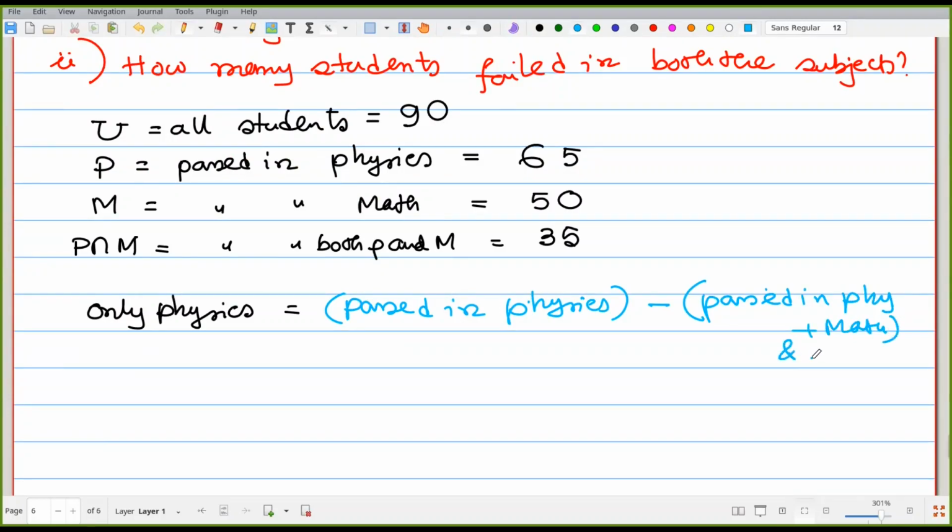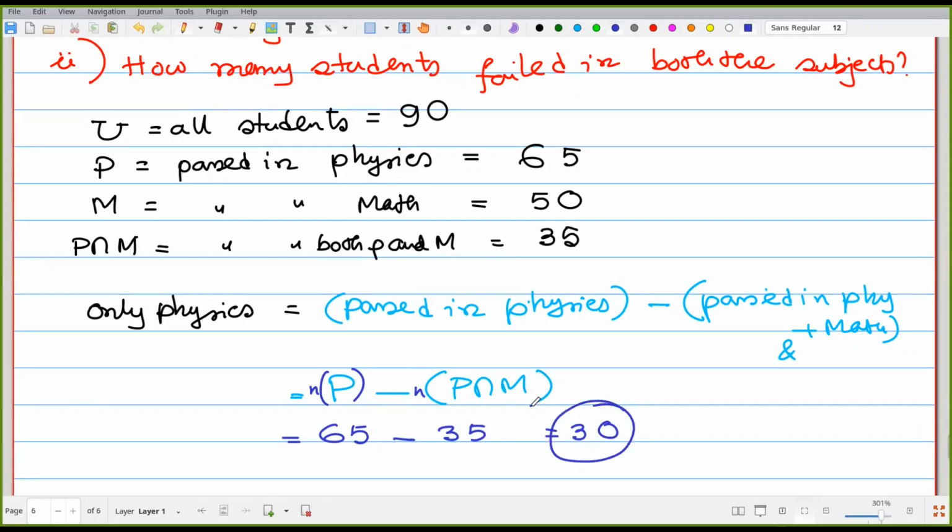Plus means here that is and. So we have to find P minus P intersection M. Practically that is based on n. So that is 65 minus 35, so that is 30 is the only physics.